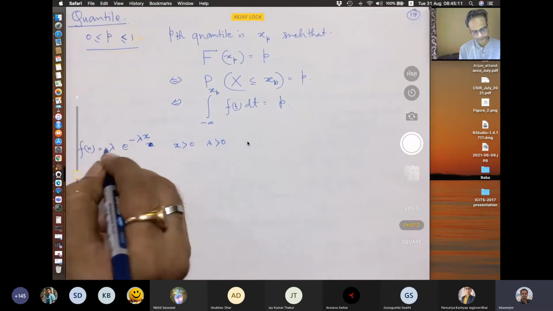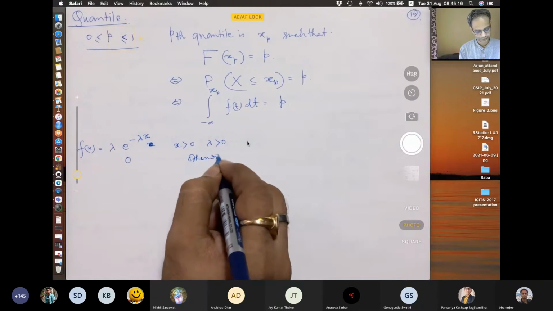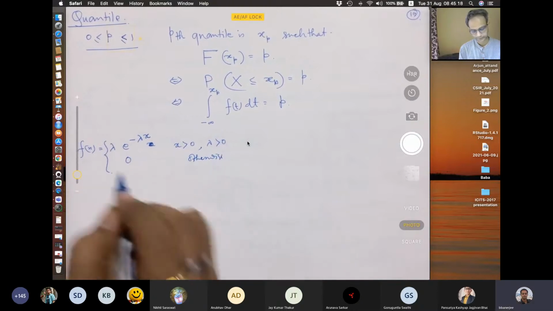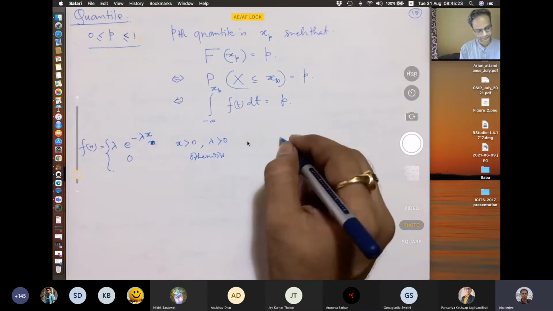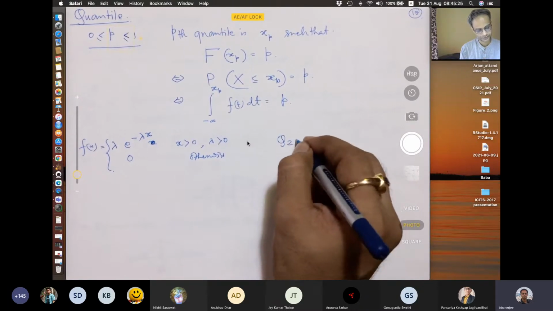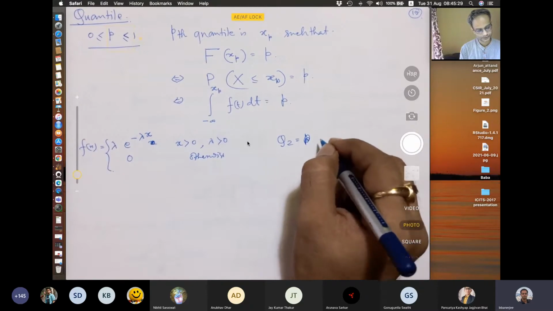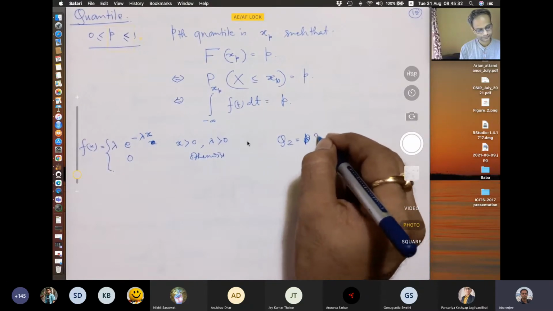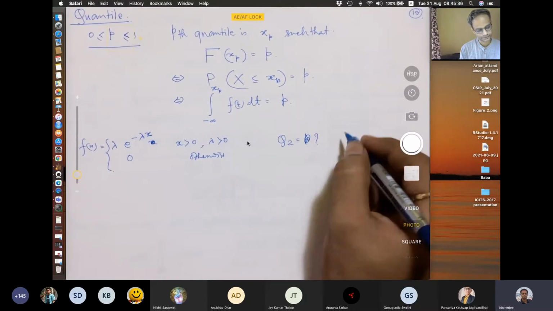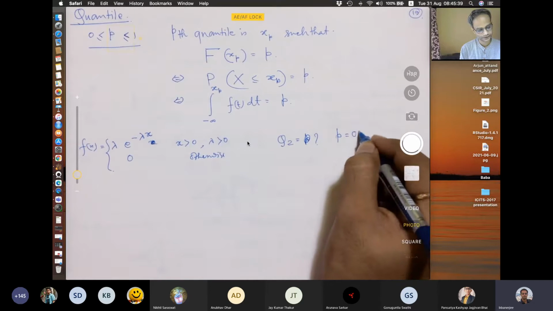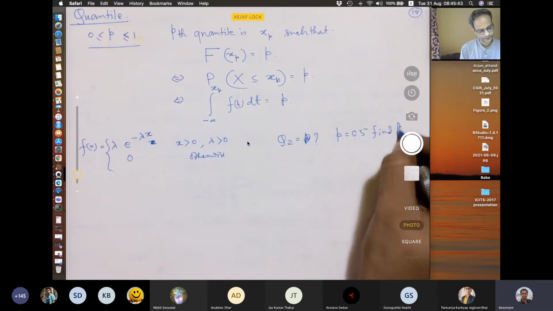This is your PDF, and 0 otherwise. Find its median Q2, that is, p equals 0.5. Find xp.